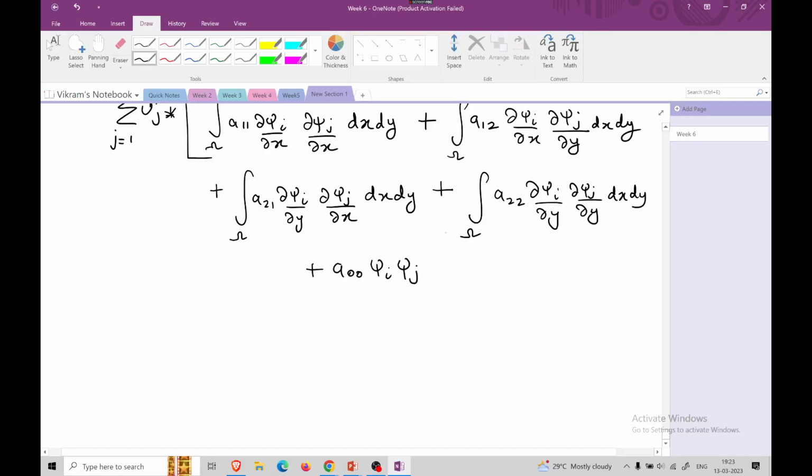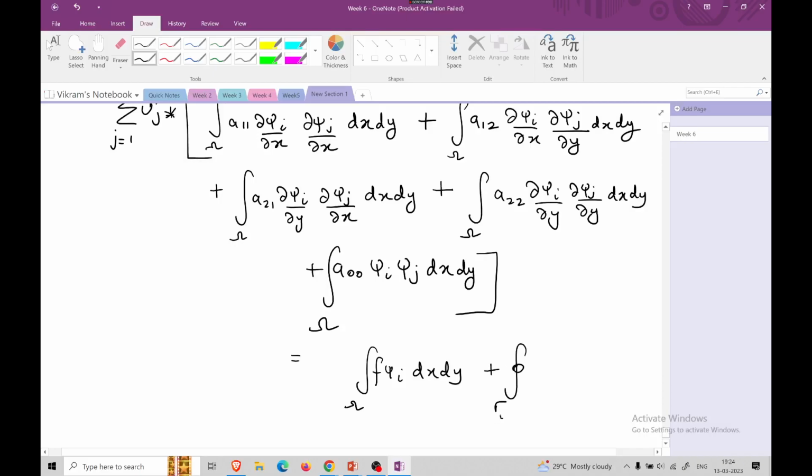This whole thing is inside the integral, sorry, I missed the integral over here. Then on the right hand side you have f into psi I dx dy plus you have the boundary term qn psi I ds.